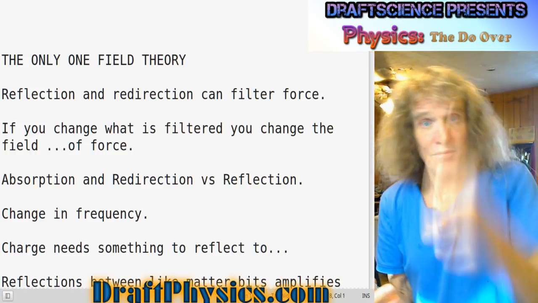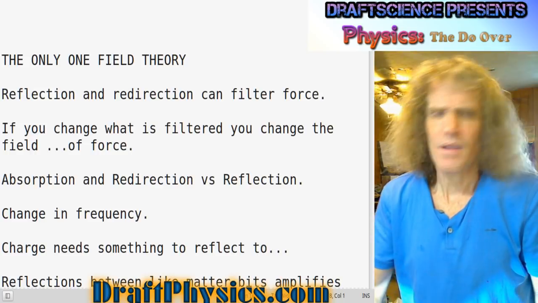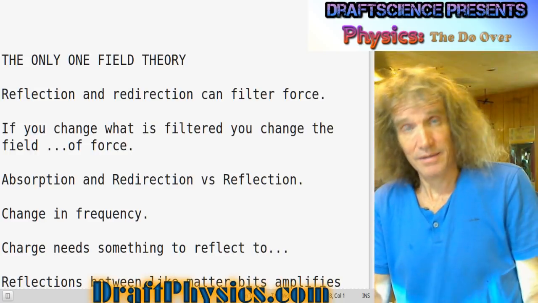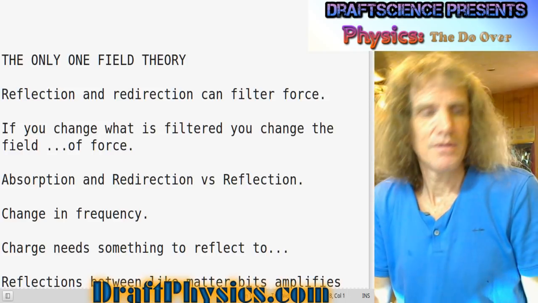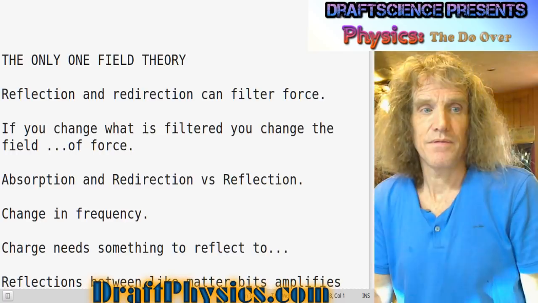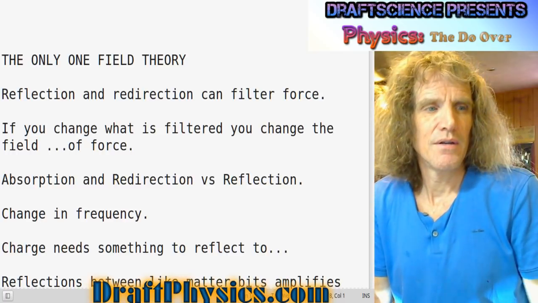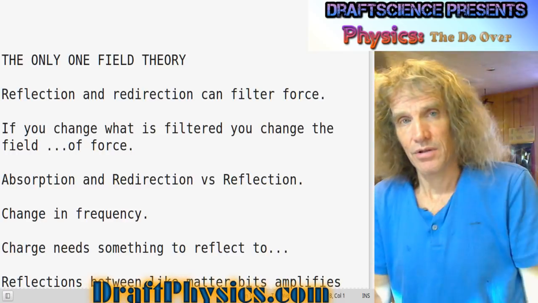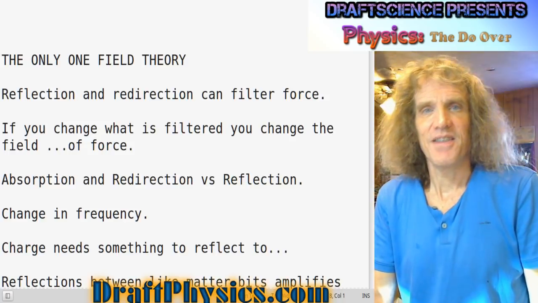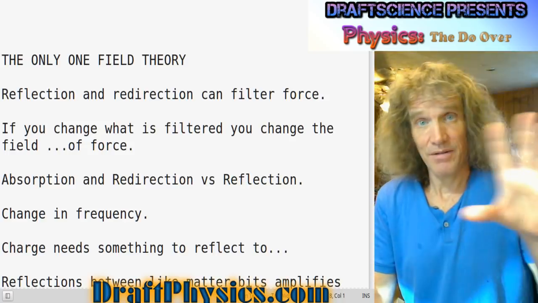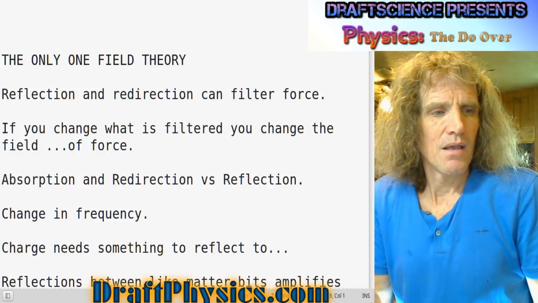It's just not a back and forth trap. And that's what complexity is, just a reflection of very complex traps, of flows of force and energy. Force that is energy in the one field, okay, that the matter bits float around in.